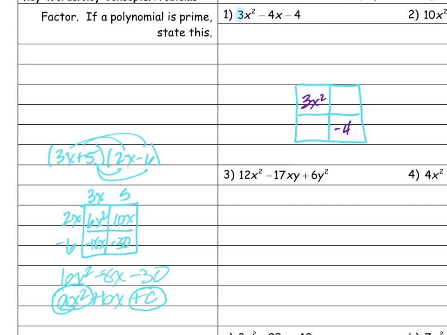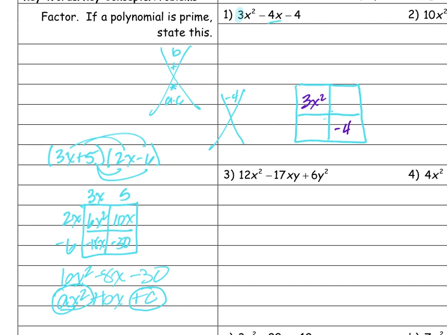Now I need to find the terms that go in this box and this box. Okay, my two opposite boxes. And this is where our definition comes in, where I said it adds to be b and multiplies to be a times c. So I'm going to do my little graphic organizer here. It still needs to add to be negative 4.